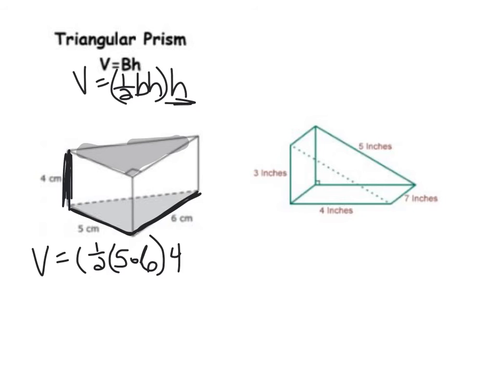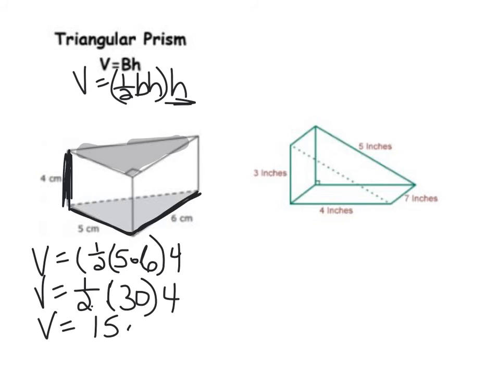So now all we have to do is multiply half of 30, then times 4. So what's half of 30? 15 times 4. So that means this is 60 cubic centimeters.